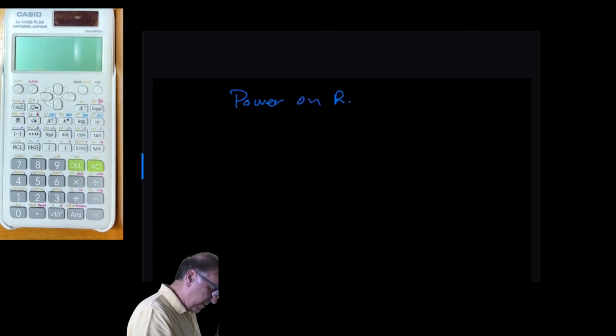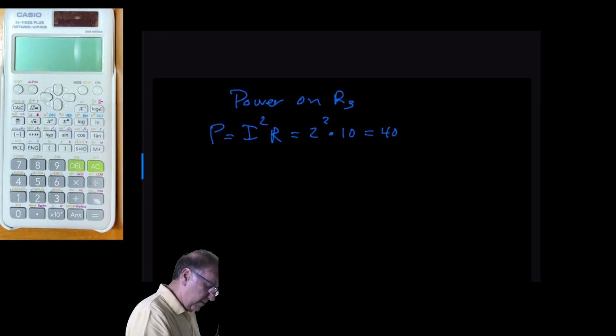Next, we want to calculate the power on R3. So we'll call that power equals I squared R equals 2 squared times 10, and that equals 40 watts.